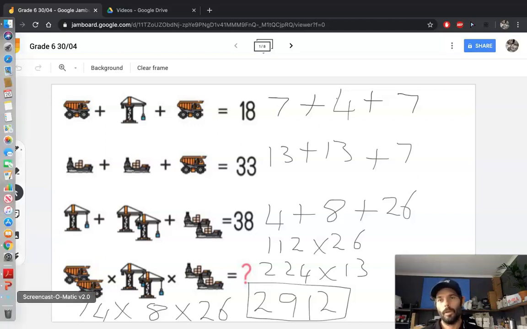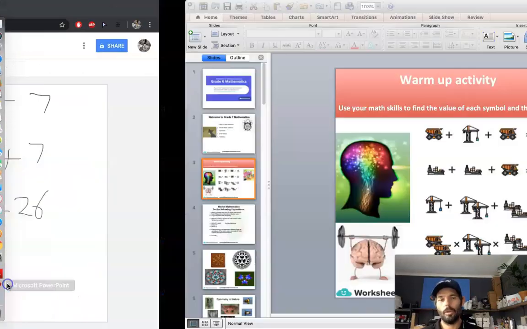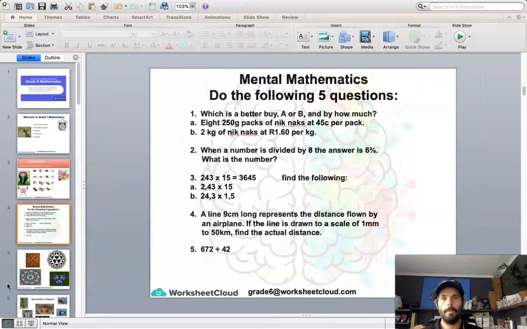Okay. Then your mental maths questions for today. First question, you're looking for a better buy, so A or B. Question 2, division. When I'm dividing by 8, my answer is 6 and 3/8. So what is the dividend? What am I dividing?